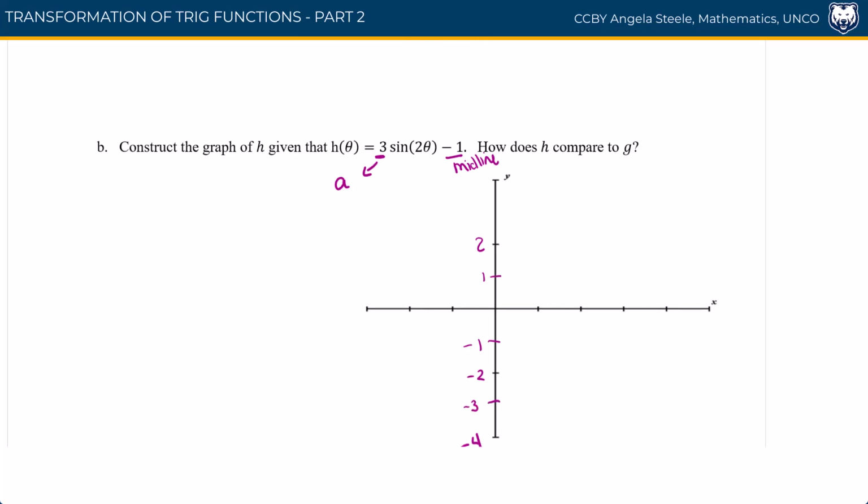Notice here that the 2 is multiplied by our input value, theta, which means it's going to be either a horizontal stretch or a horizontal compression. So let's write that.